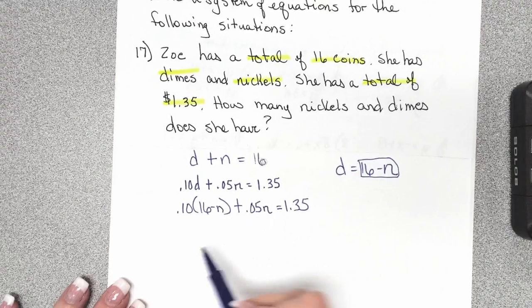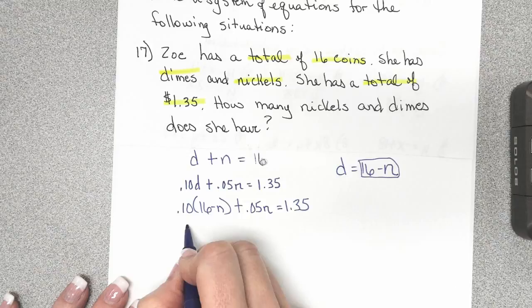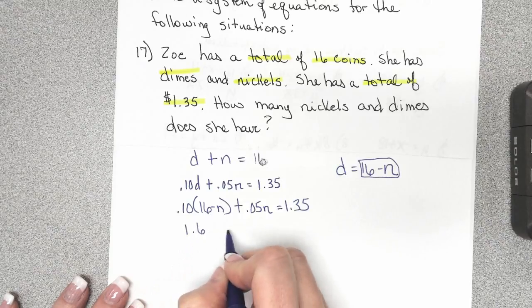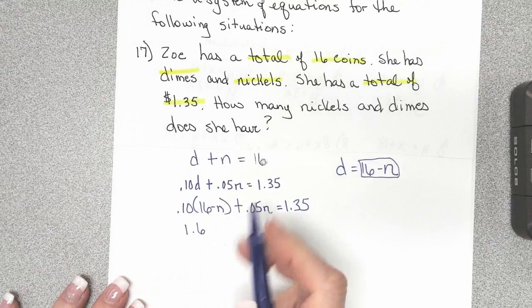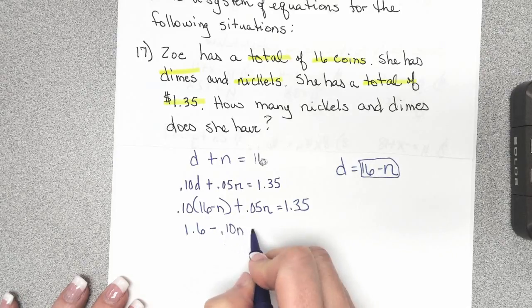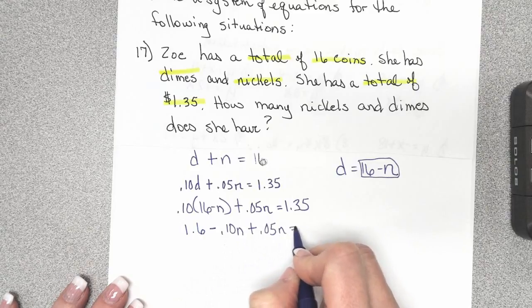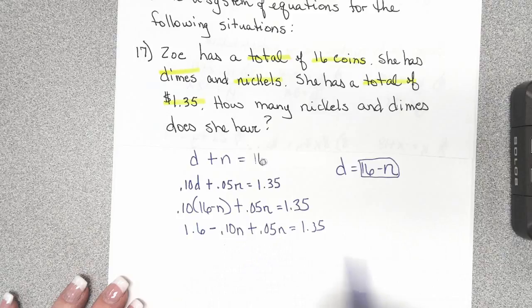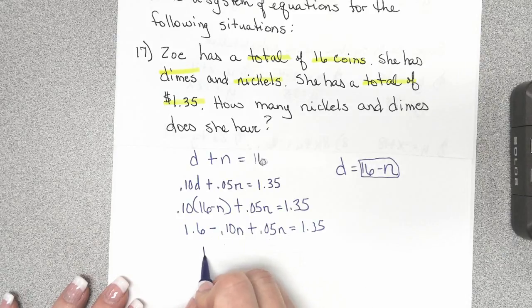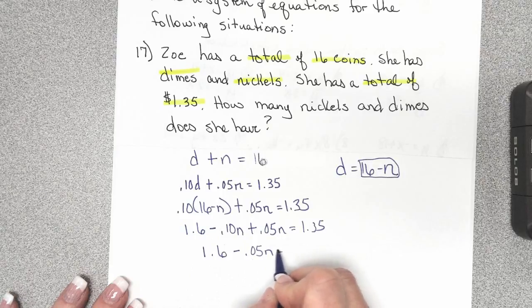Now just distribute. So 0.10 times 16 is 1.6. 0.10 times negative N is negative 0.10N plus the 5/100ths N. Combine your like terms. Now this is a negative and this is a positive. So I'm going to have 1.6 minus 0.05N.